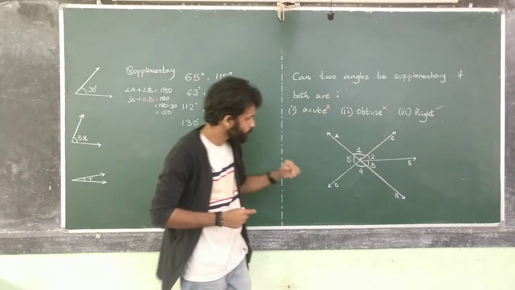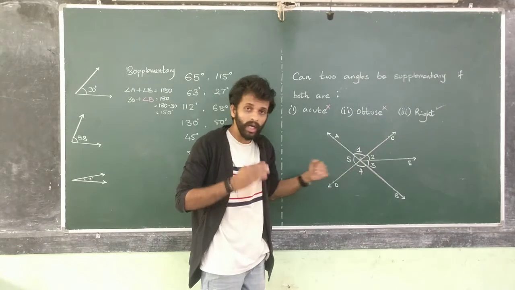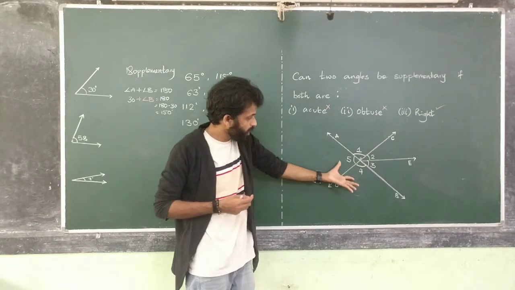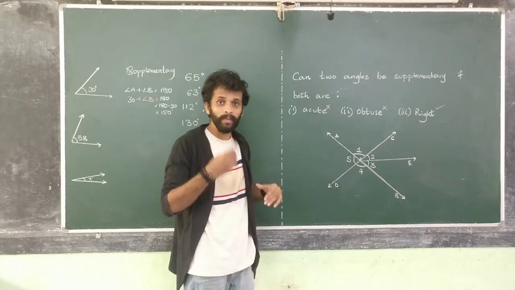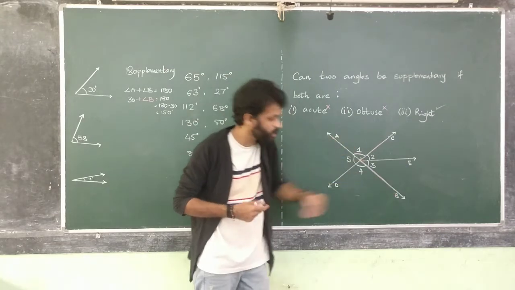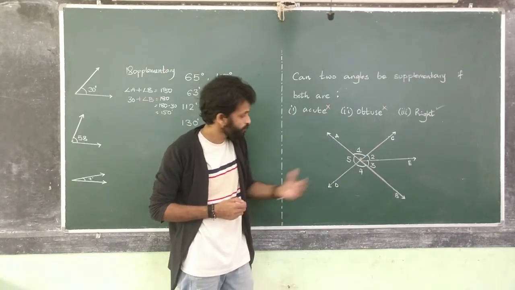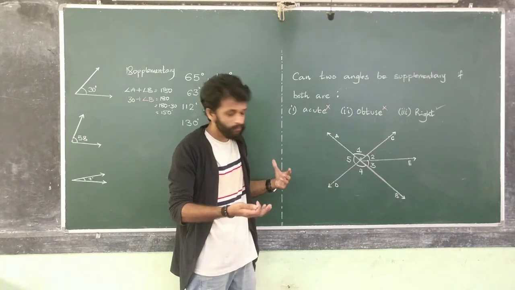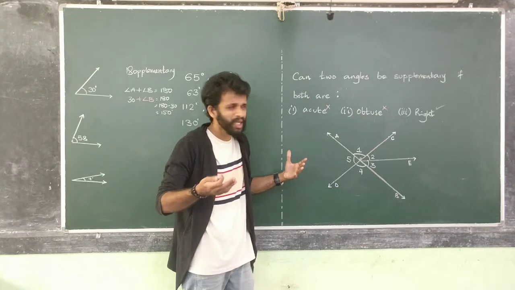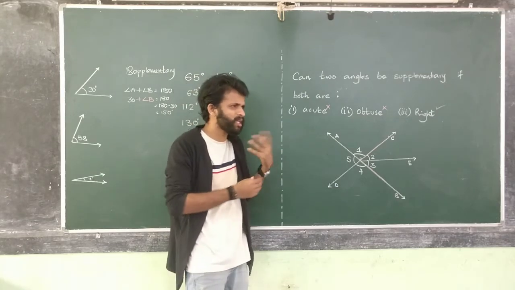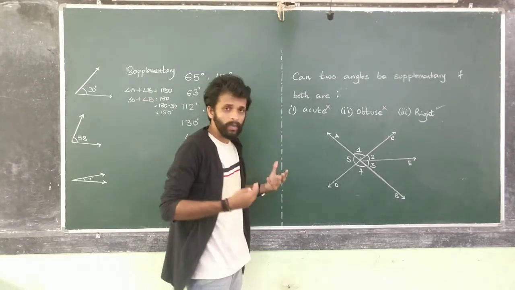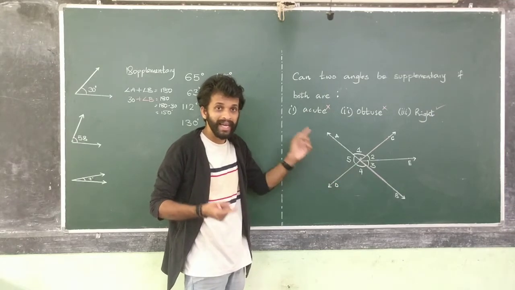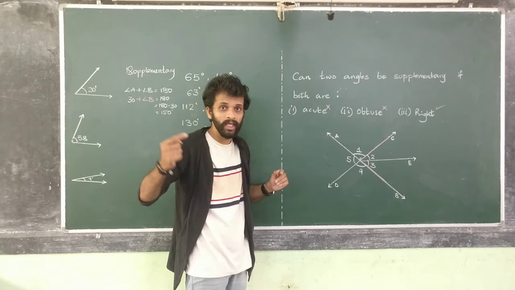So 2 and 3 are complement of each other. I can say 4 and 5 are supplement of each other, considering AB is one line. This angle and this angle together will give me 180. But what would be a better name for these two angles, 4 and 5? I can say that they are a linear pair.